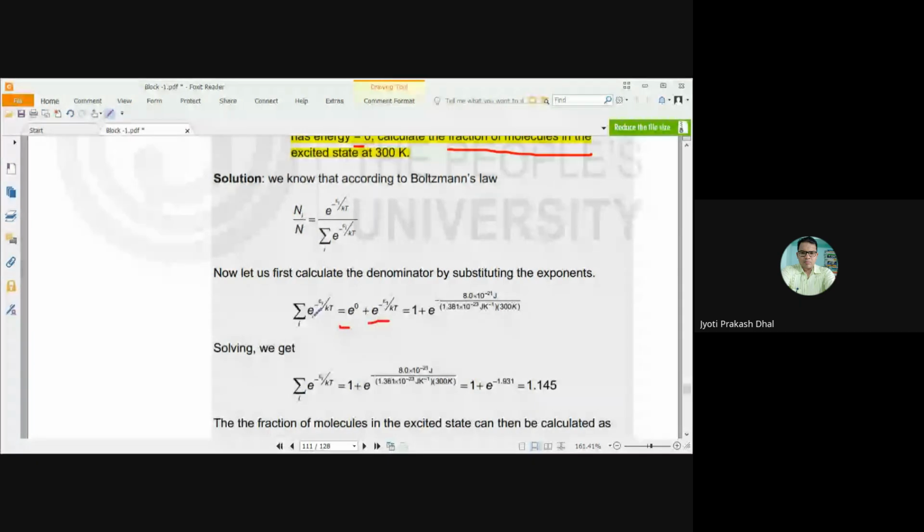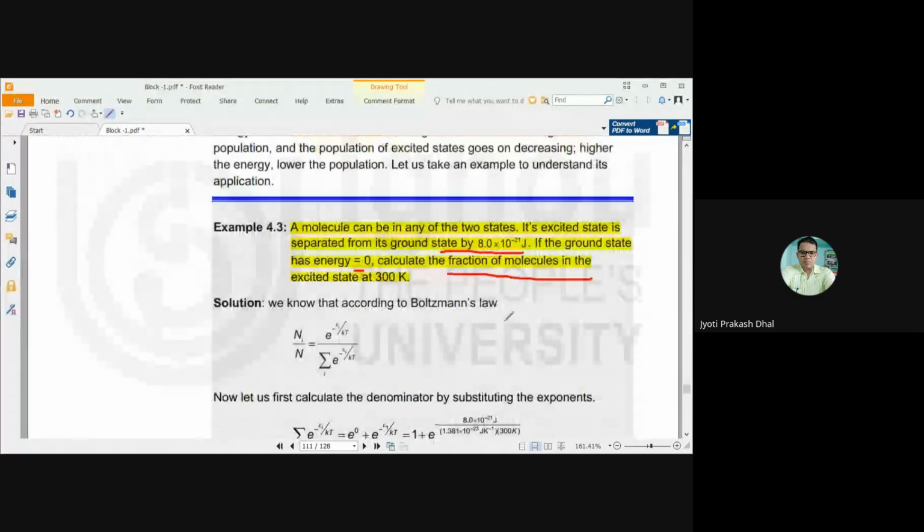So for the ground state it is e to the power 0. For the first excited state it is e to the power minus epsilon 1 by kT, where epsilon 1 is the energy difference given in the question, and the ground state has energy 0.